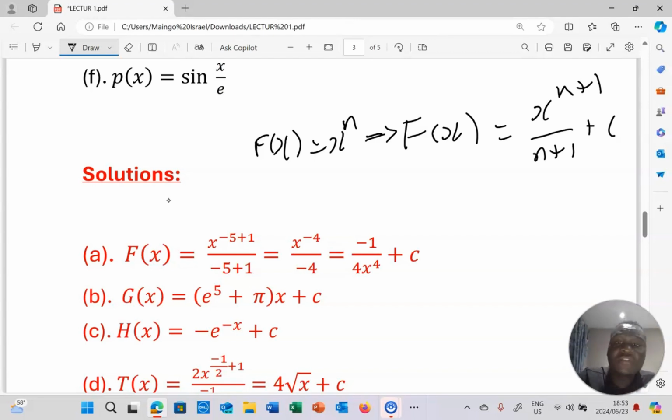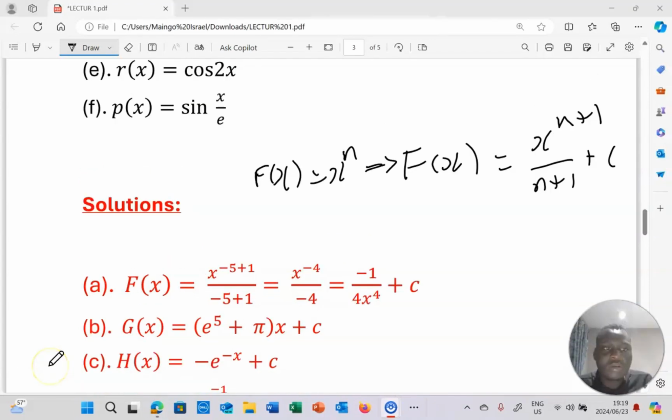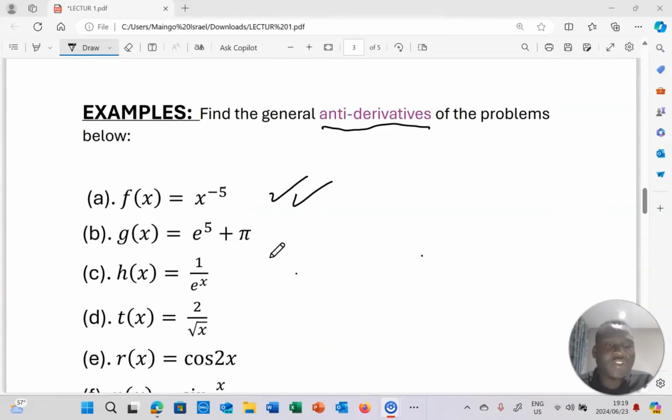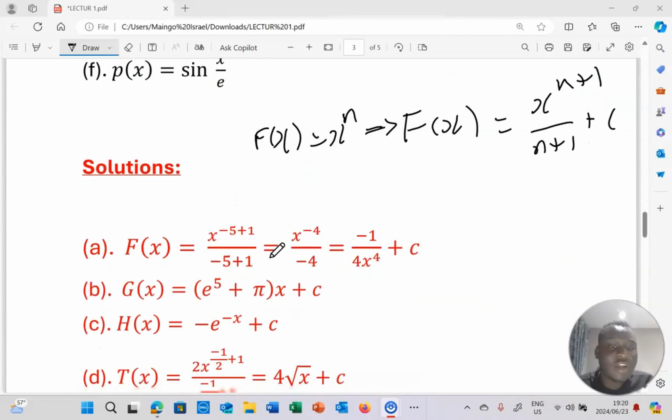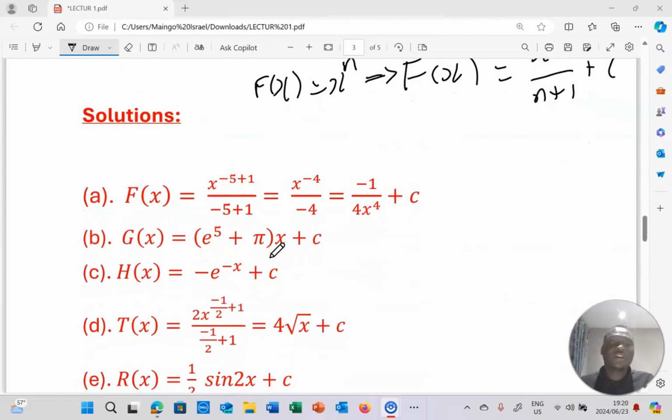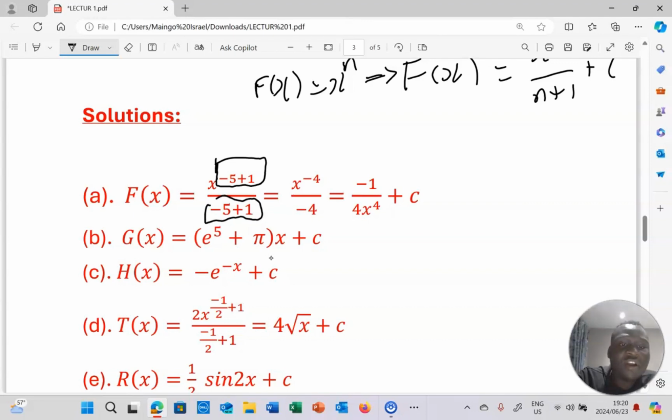So what we have here is f of x equals x to the power minus 5. To find its antiderivative, we say x, and in the exponent we have minus 5 plus 1, divided by that exponent, which is minus 5 plus 1. We're using that first rule.